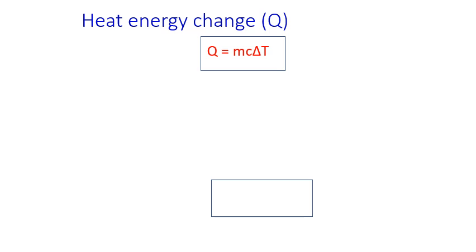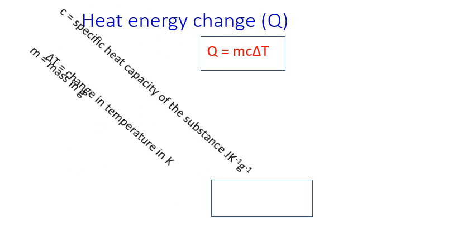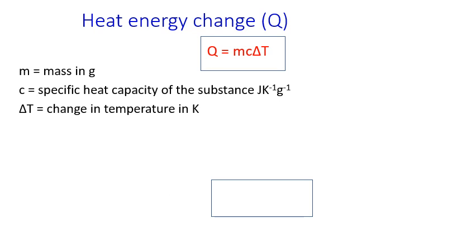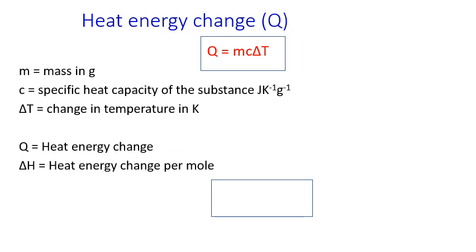In terms of heat energy change, the equation that we've used from last year is Q equals mc delta T, where m is the mass in grams, c is the specific heat capacity, usually for water, delta T is the change in temperature in Kelvin, and Q is the heat energy change. Delta H is the heat energy change per mole.